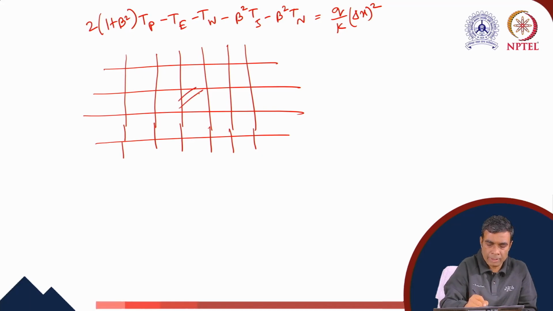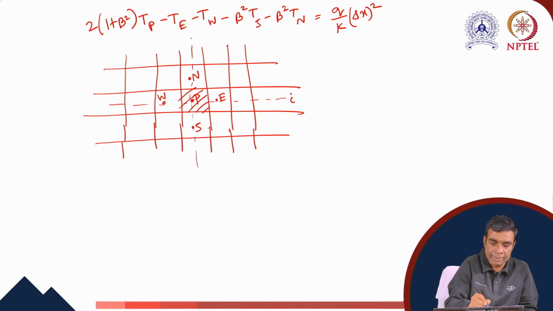Now we can consider this cell containing the node P. Then we have the nodes E, W, north and south. This node P can be thought of as the node ij.